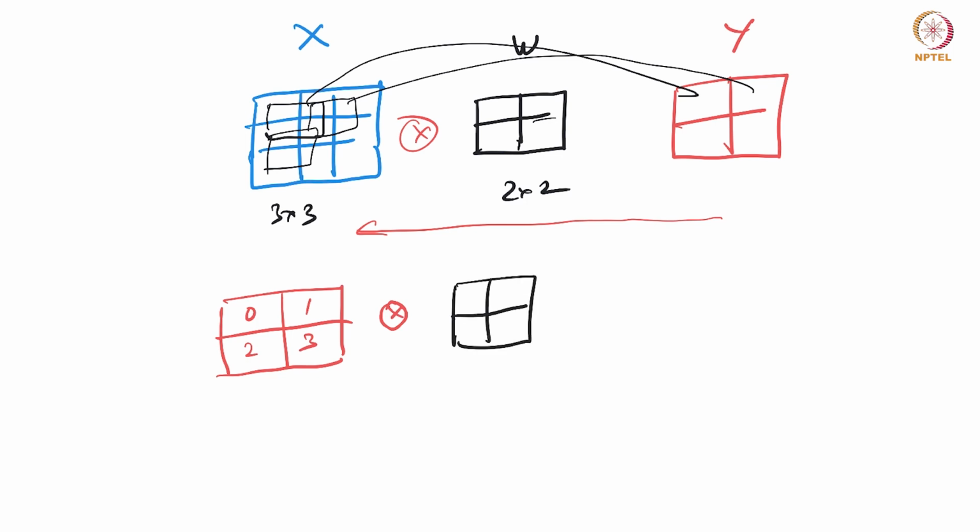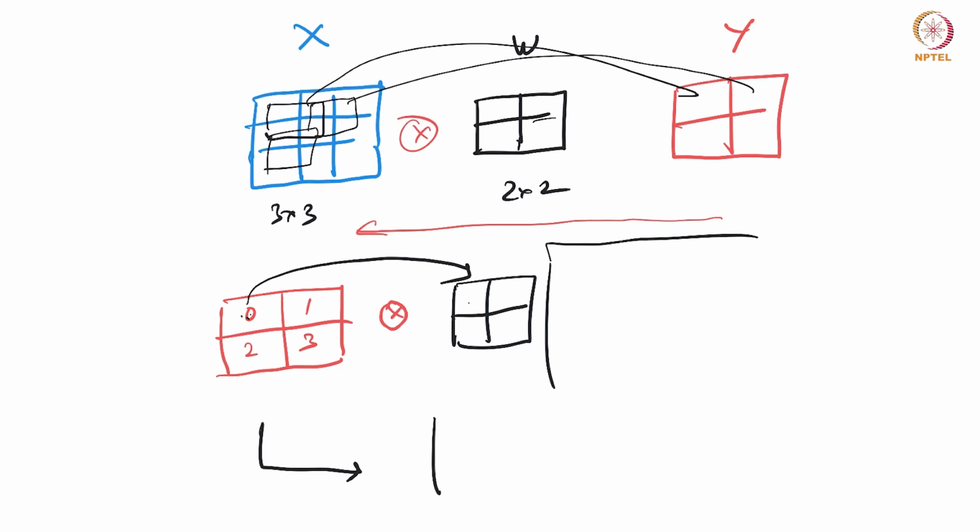You multiply every element of this input with the filter, so you weight the filter with this element. Your output will look like this, so you will end up with a 3 cross 3.